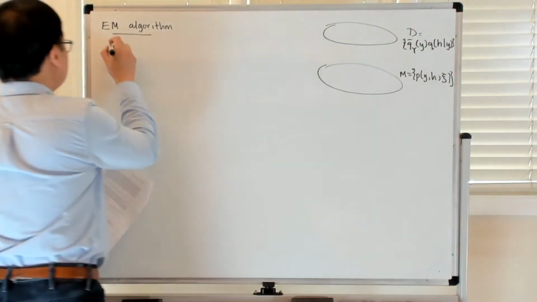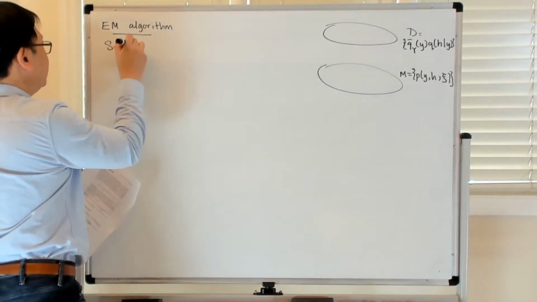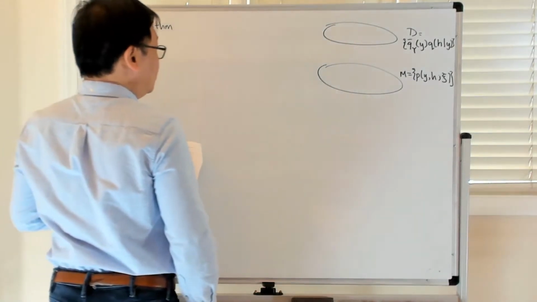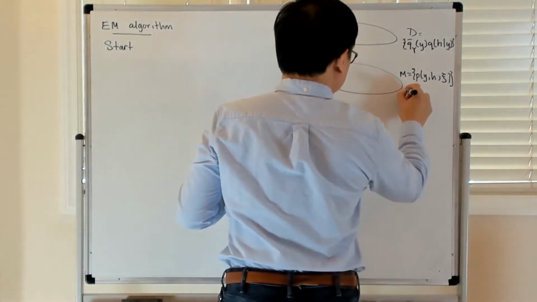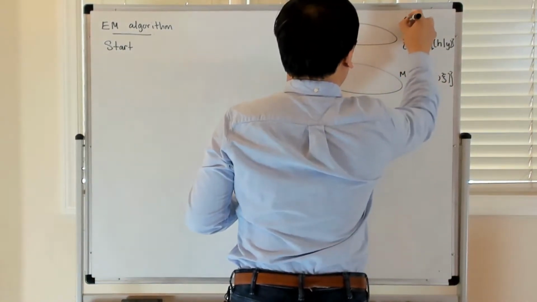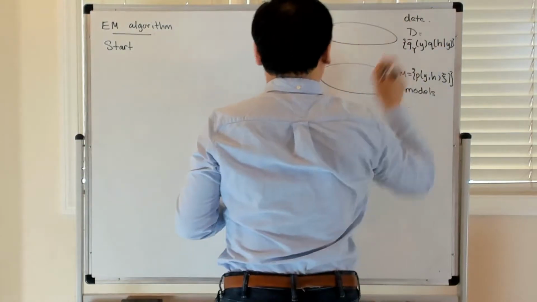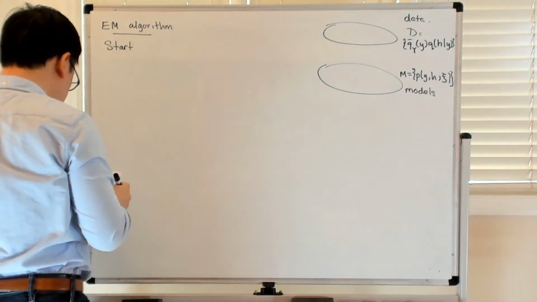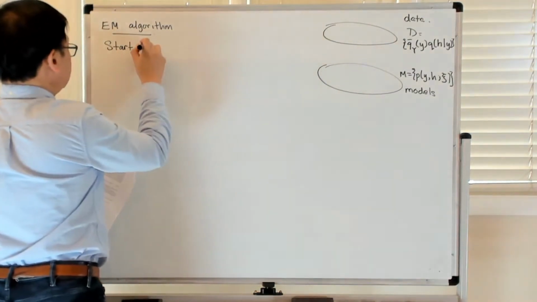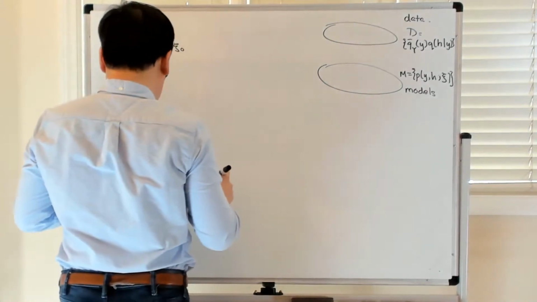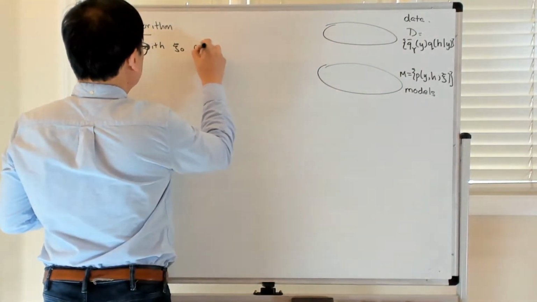Okay. All right. So I'm going to start with a point on the model manifold. So this is the space of models, and then this is the space of data. So we start with C0 as an initial parameter.